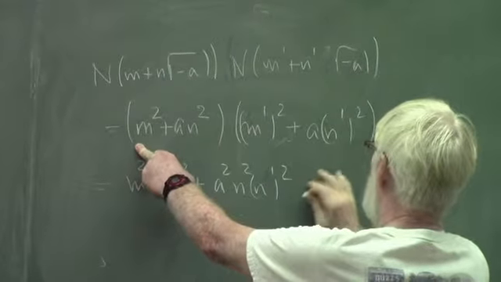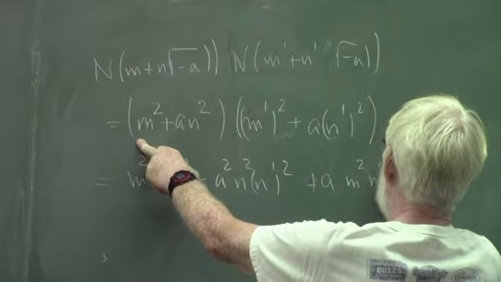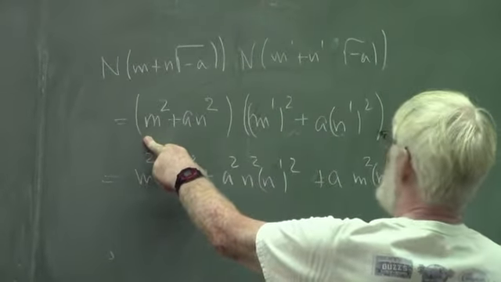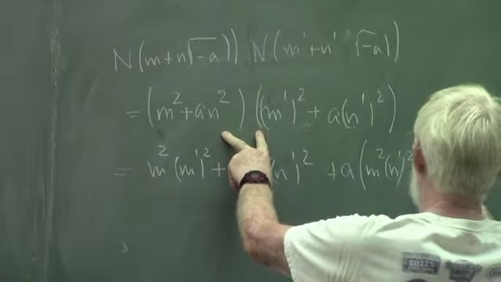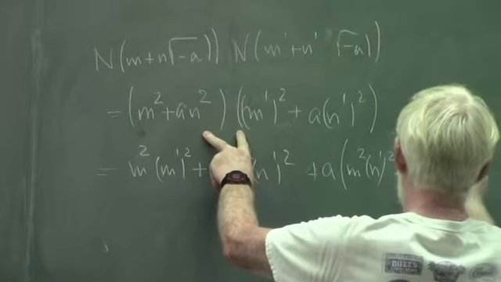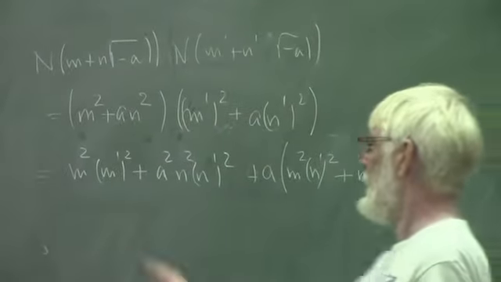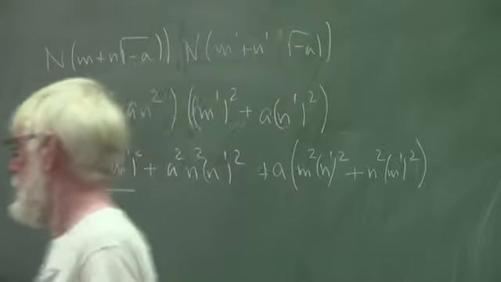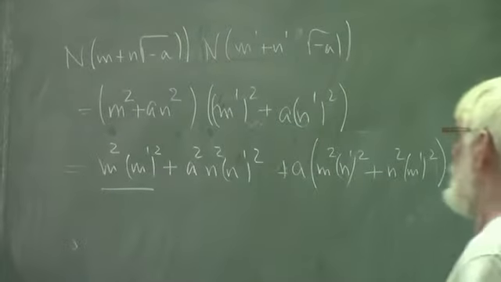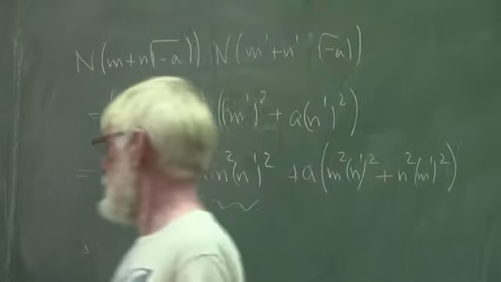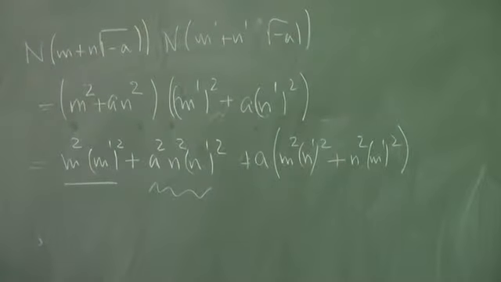So you have plus A, and you have M squared N prime squared plus N squared M prime squared, right? So this guy here is the same as this, the second term the same as the second term. This is the same as this. Yep. And the other ones also work, right? Yep.